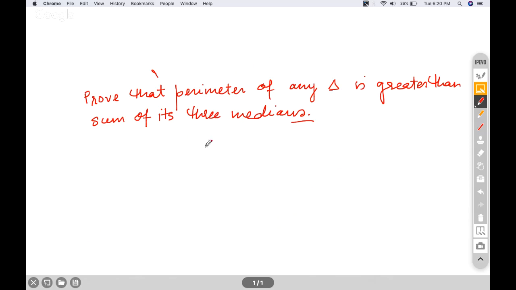Now look at here. This is triangle ABC. So perimeter would be AB plus BC plus CA. This is median, so this is AD.